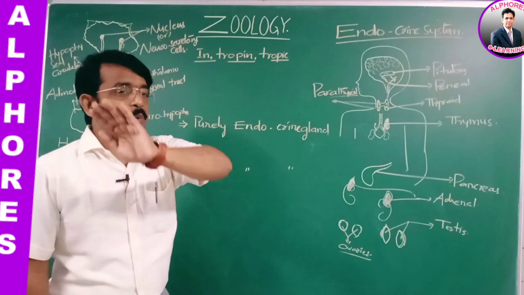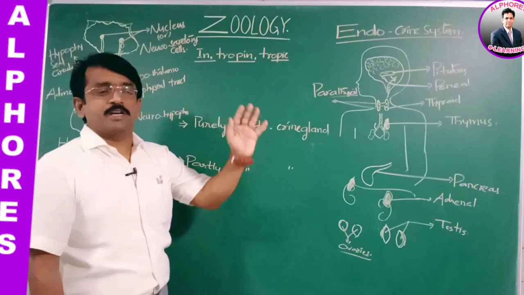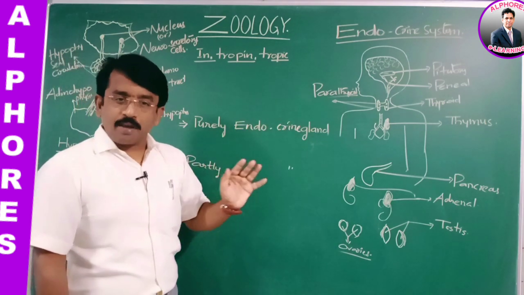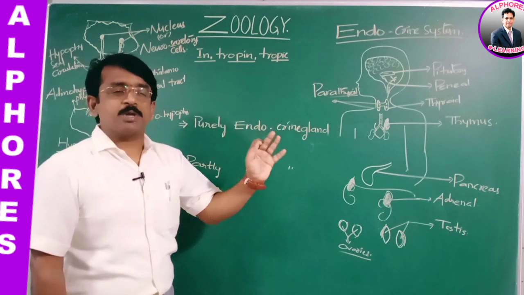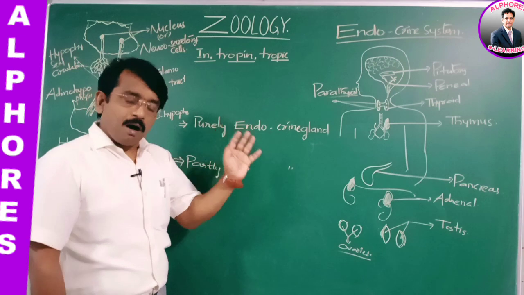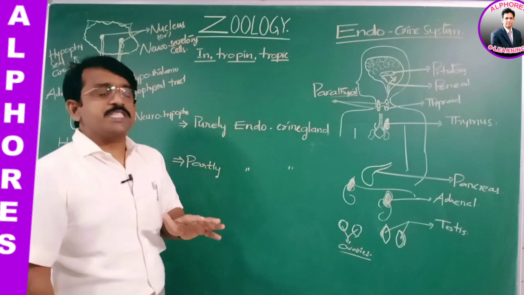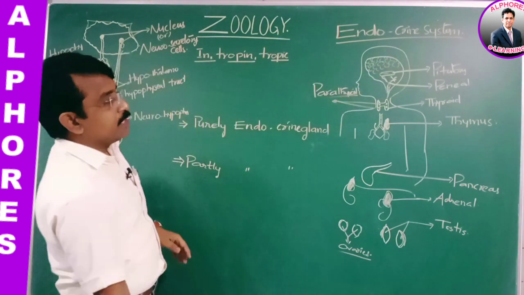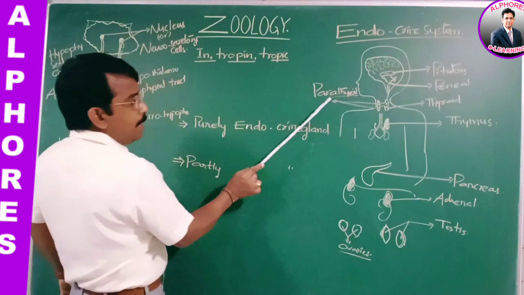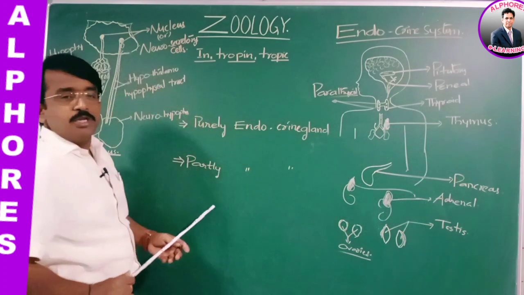They are only for synthesizing, secreting and releasing the hormones, chemical messengers, the non-nutrient intercellular chemicals that are released in trace amounts. This is the only function of the pituitary, pineal, thyroid, parathyroid, thymus, and adrenal.